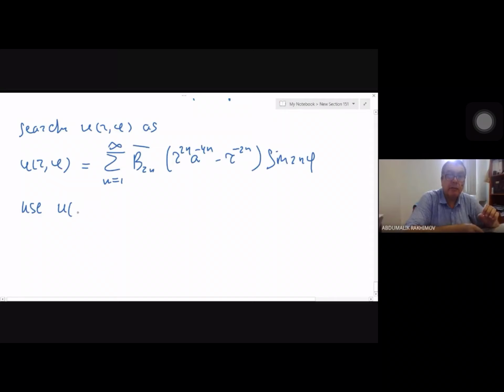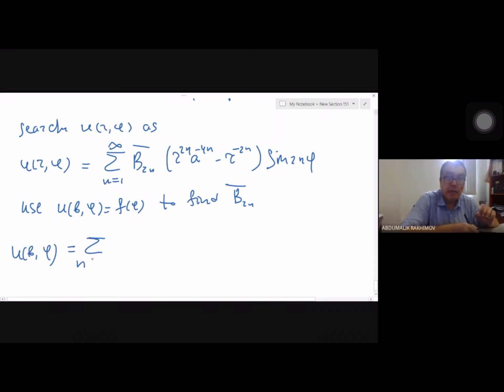What was the last? u(b, phi) is equal f(phi). So if you substitute, you will have the sum.